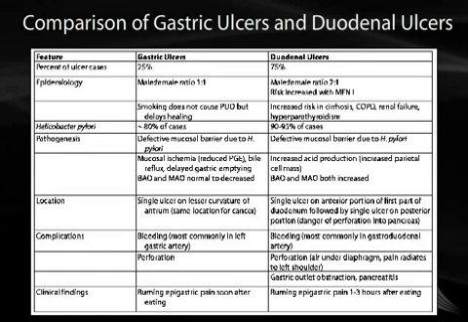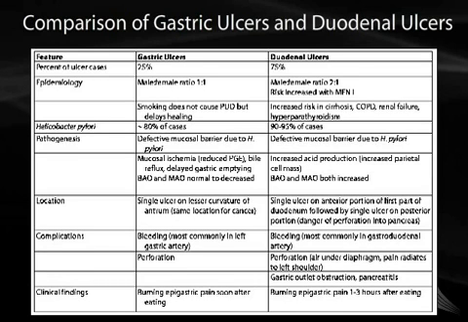With gastric ulcers, bleeding is a common complication, secondary to left gastric artery bleeding. And with duodenal ulcers, perforation into the gastroduodenal artery can occur with subsequent bleeding.